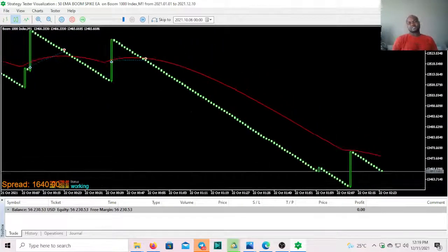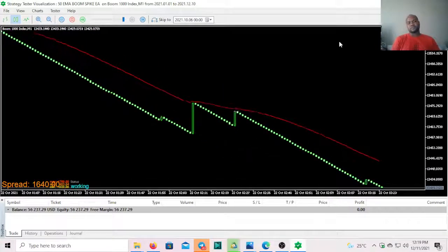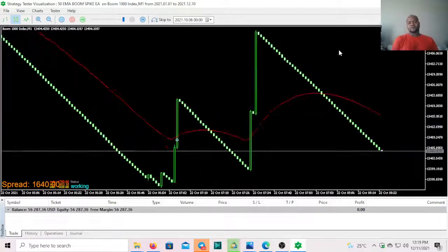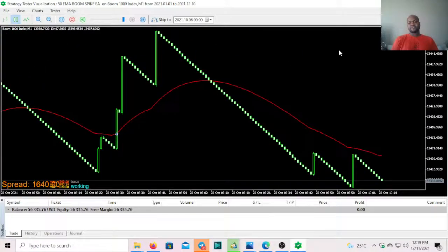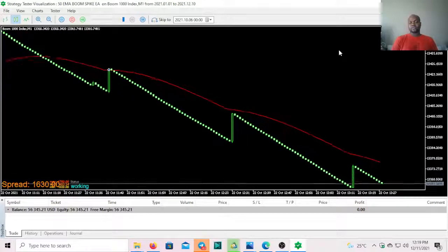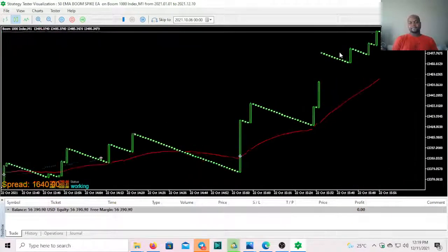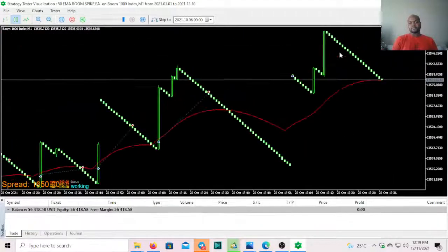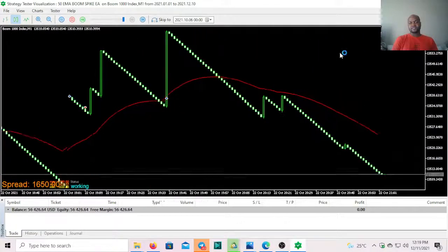So this strategy, some might be interested in knowing more. As you know, moving averages act as support and resistance, and they also act as an indicator for the trend. If you want to know if the trend is in an uptrend or downtrend, you can use moving average.